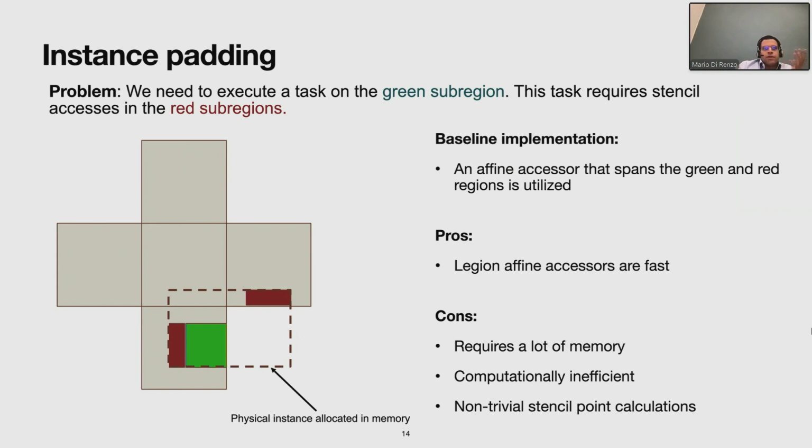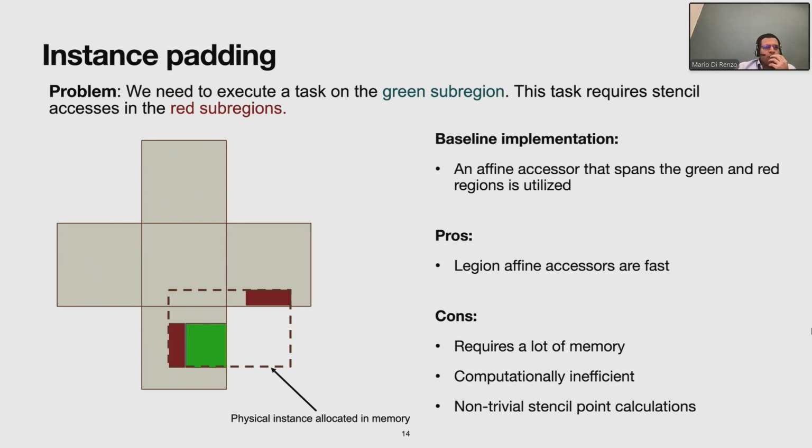In particular, as you see, the bounding block of the indexes that might be accessed by the task can be quite larger than what we need, particularly if we compare it to the green block, which means that Legion, or in general, one could allocate a lot of memory. And moreover, during the execution of the task, the computation would be quite inefficient because you will get a lot of random accesses in memory.